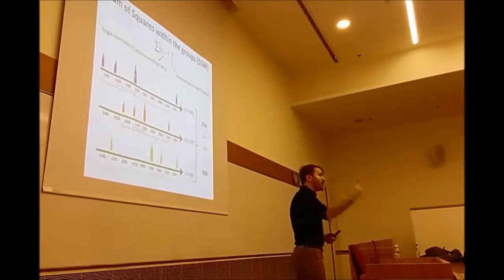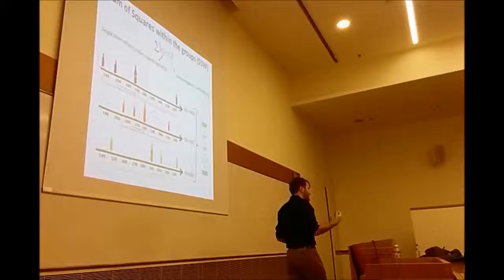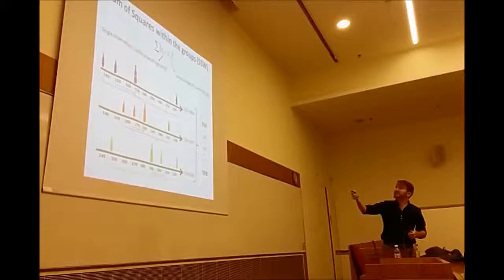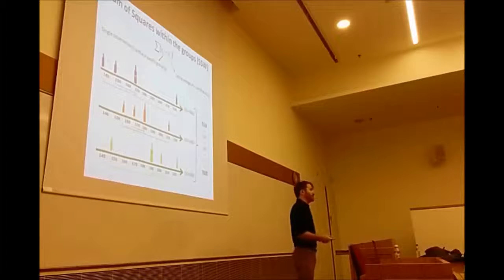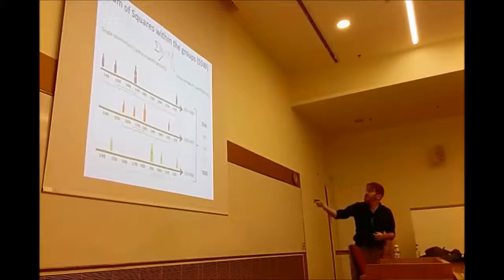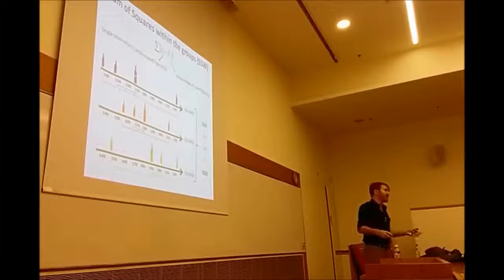And then you summarize all these sums of squares. Sum of squares within the groups is literally sum of squares within group 1 plus sum of squares within group 2 plus sum of squares within group 3. So we get that SSW equals, in this case, 7,800.